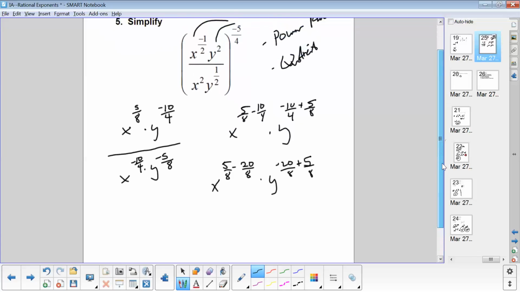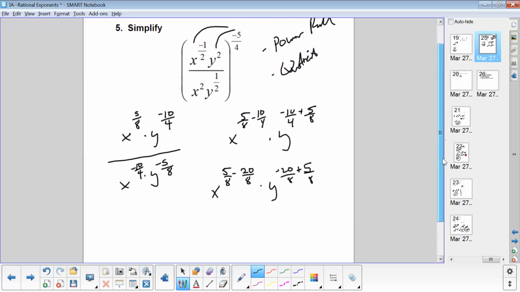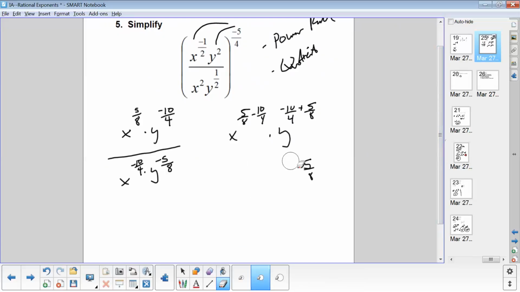And I just got to be careful. I think I had an integer error. So let me go back. 5/8 take away a negative 10/4 is going to be a positive. And negative 10/4 take away negative 5/8, that looks correct.